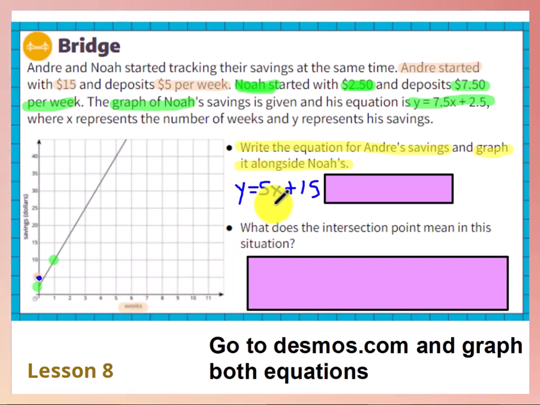The input is weeks. So y equals $5 per week plus the $15 that we started with. Okay, so I'd start with 5. I'm sorry, I'd start with 15. Did I get that right? Did that wrong. Start with 15, so I'm going to start up here.